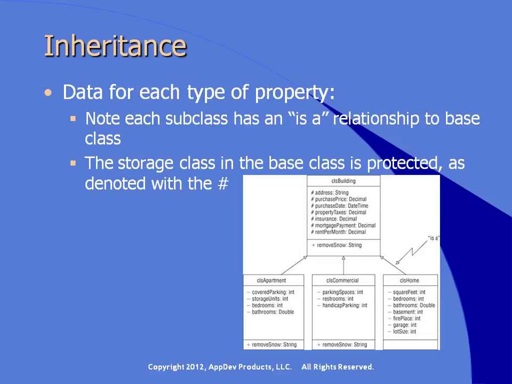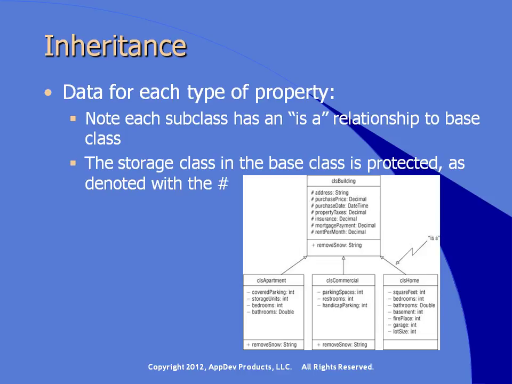And what protected means is that if I'm not a class building or I'm not one of the subclasses like class apartment, class commercial, or class home, the protected access specifier means that I cannot see those properties outside of any one of those four classes.